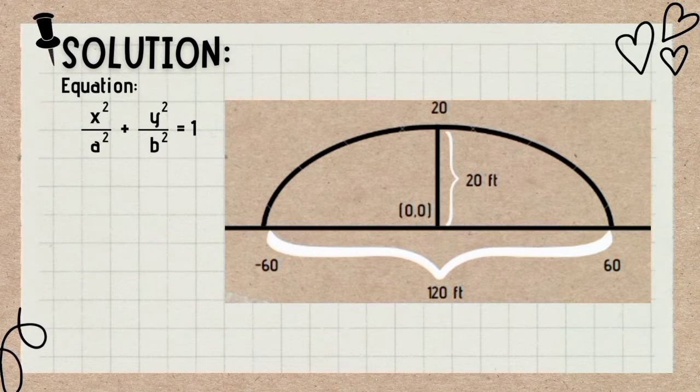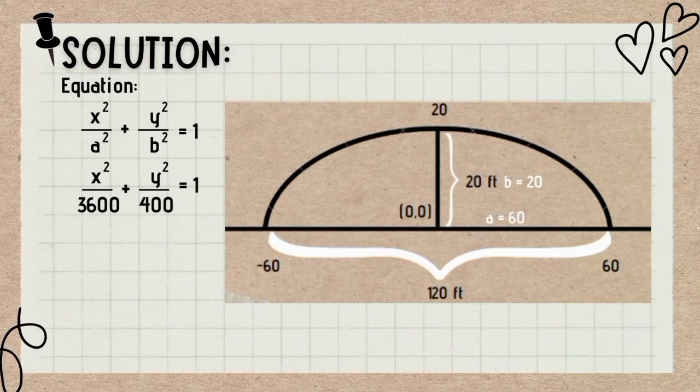Now that we know the values of a and b, we notice that a is greater than b, thus giving us the idea that the ellipse is horizontally positioned. On the other hand, it will be different if it is vertically positioned. Now, our next step is to find values to be substituted into our equation.